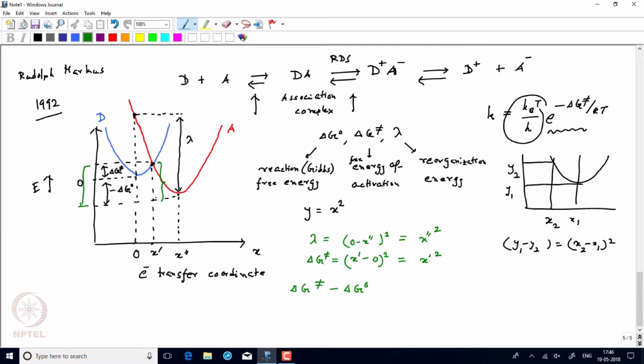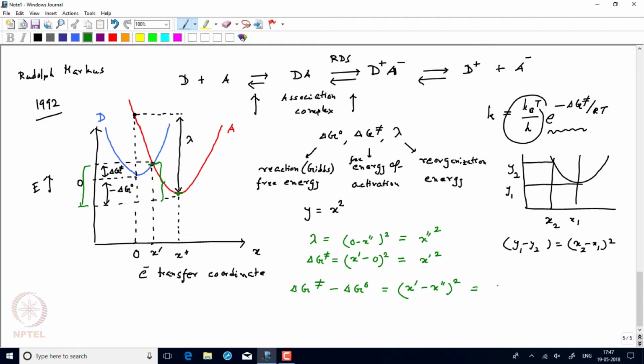Since these are all parabolas, we can use this for any energies. Following the acceptor parabola, you just follow this x2 minus x1 thing. This is the value of the acceptor parabola here minus the value of the acceptor parabola here. So all I have to take is x prime minus x double prime, squared, and that I can now expand.